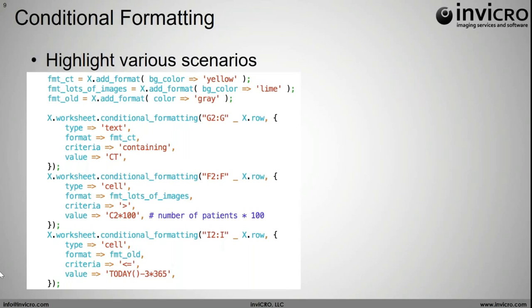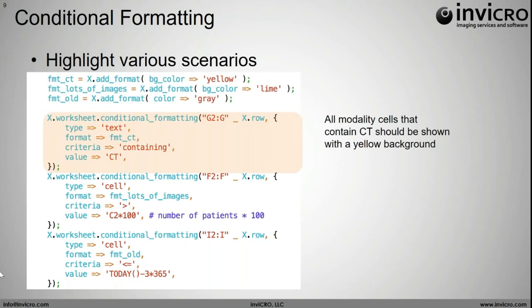One other feature that's very powerful in Excel is conditional formatting. You can say if a cell has a certain value or compared to another cell is bigger, larger, or whatever, then it should have a certain style. And also this can be put into the reporting engine. In this case, and I know you can't really see this in the back, I defined three formats, one with a background color of yellow, one with lime, and one with a gray color.